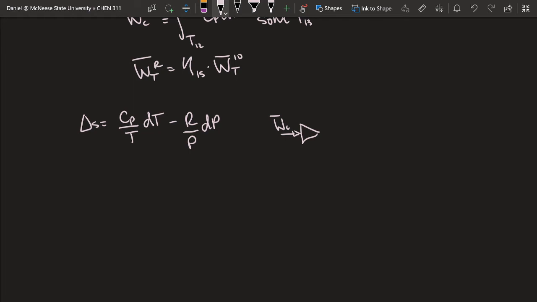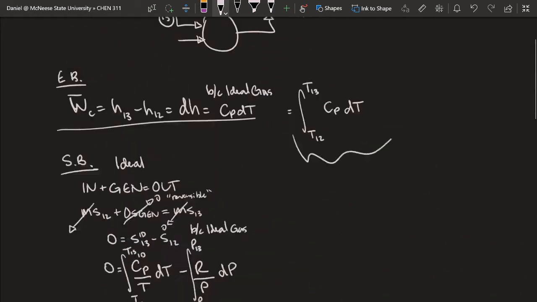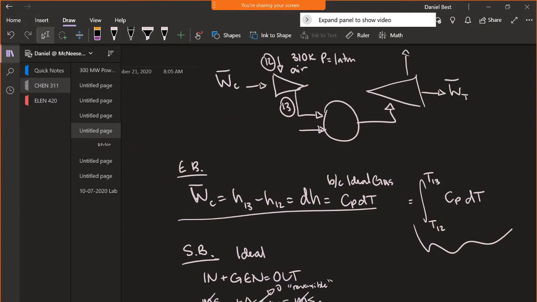Inside the heat exchanger, it's from, well, it's from like all of them.